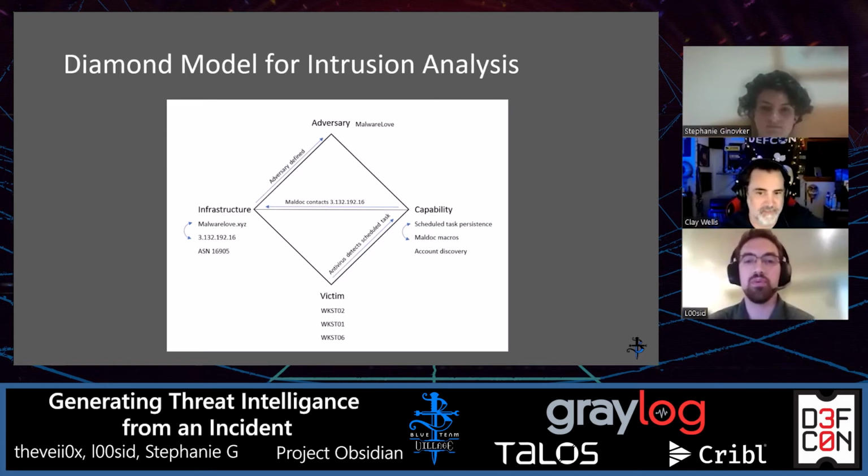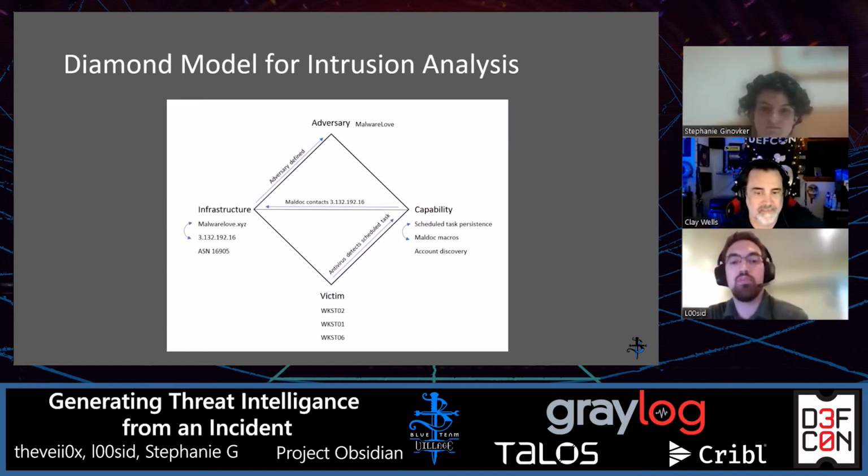So in this example, the antivirus on an endpoint within the organization detects a scheduled task that might be suspicious. That information is passed to a threat hunting team that discovers a maldoc, a malicious document, that communicates with infrastructure, which we see on the left of the diagram.